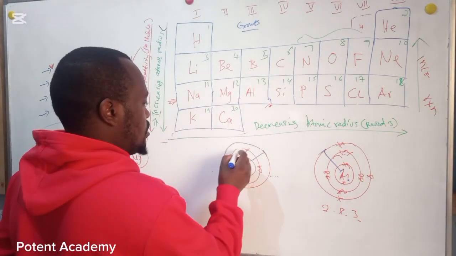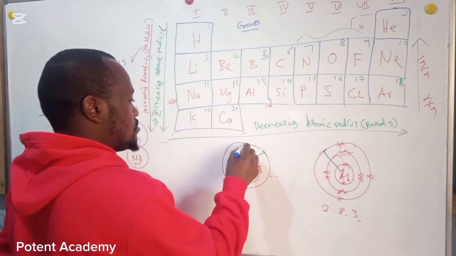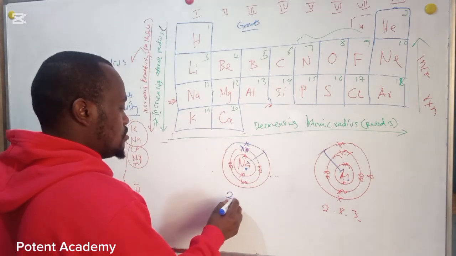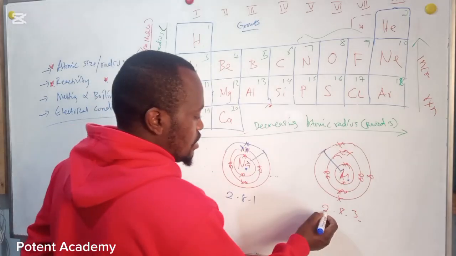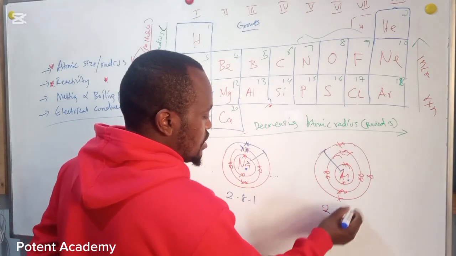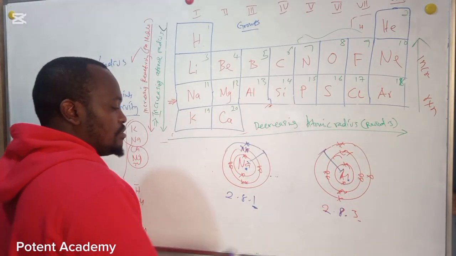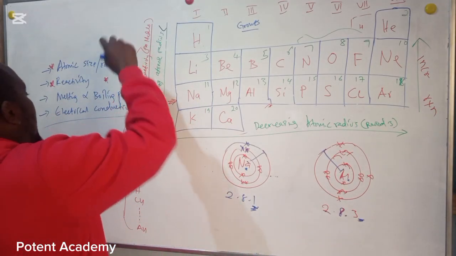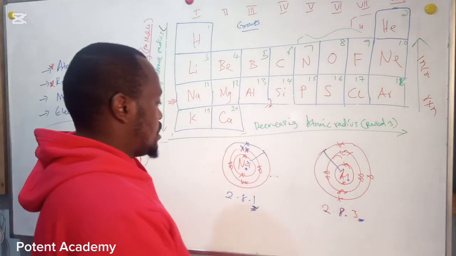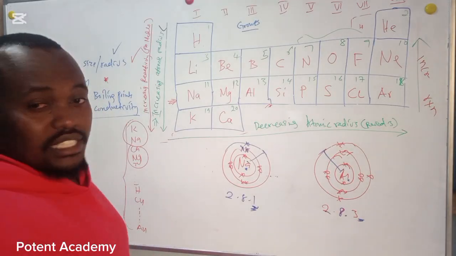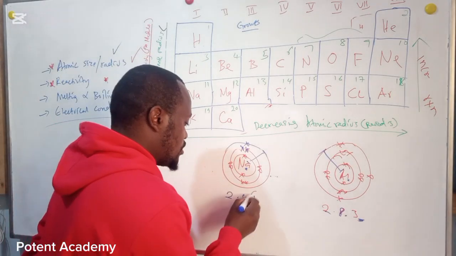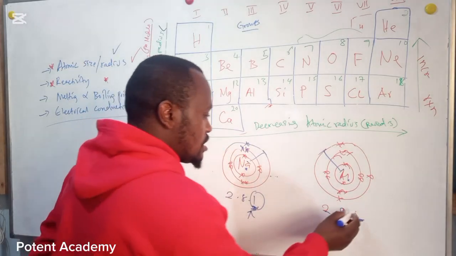So here you have sodium with 2, 8, 1, and this one 2, 8, 3. So we said for metals, we have answered atomic radius across the period. What about reactivity? Reactivity for metals, we are talking about losing this and losing this.